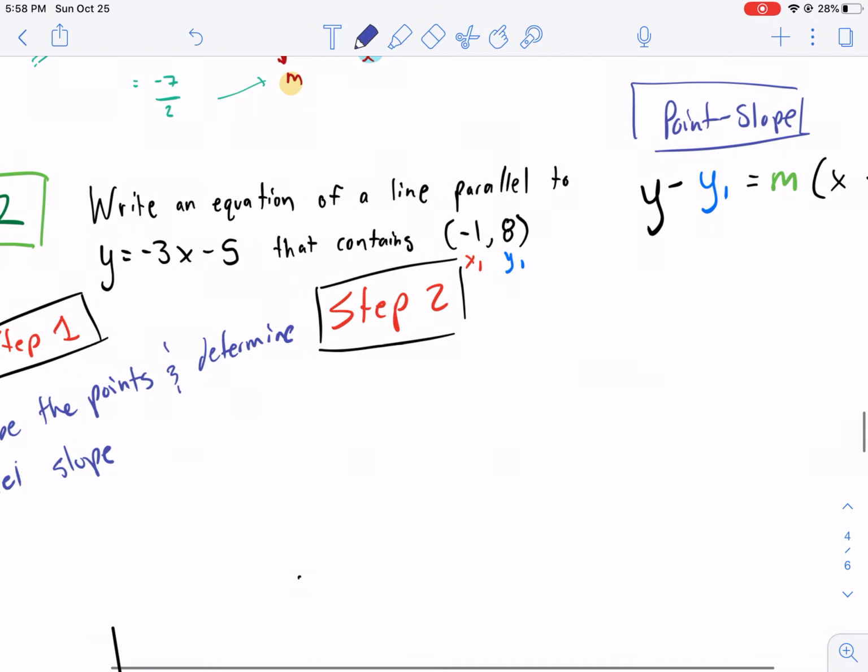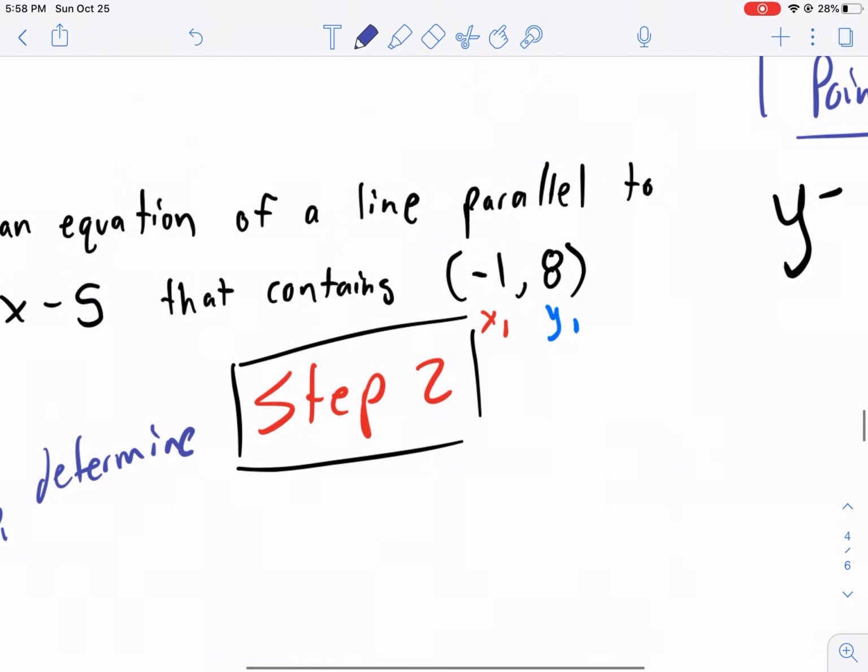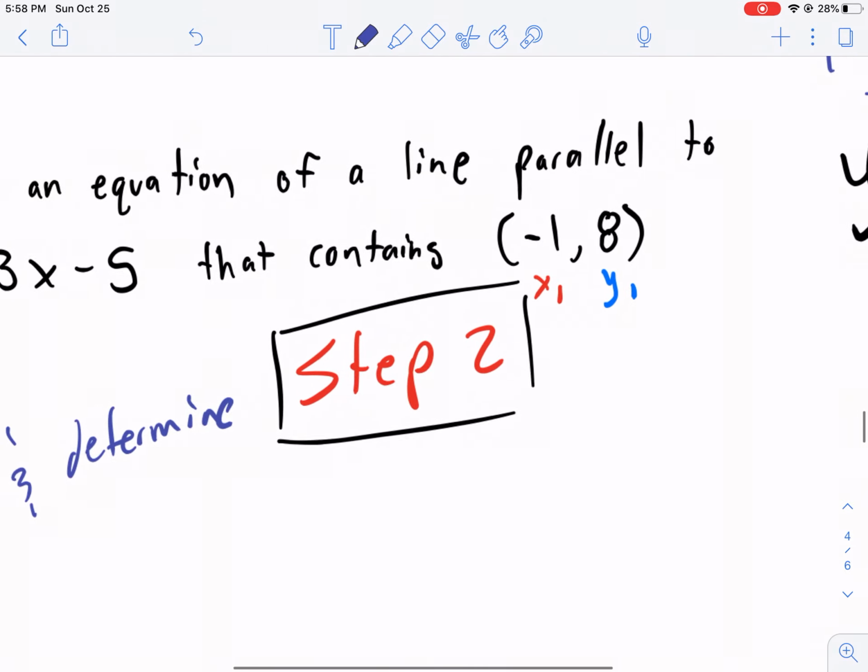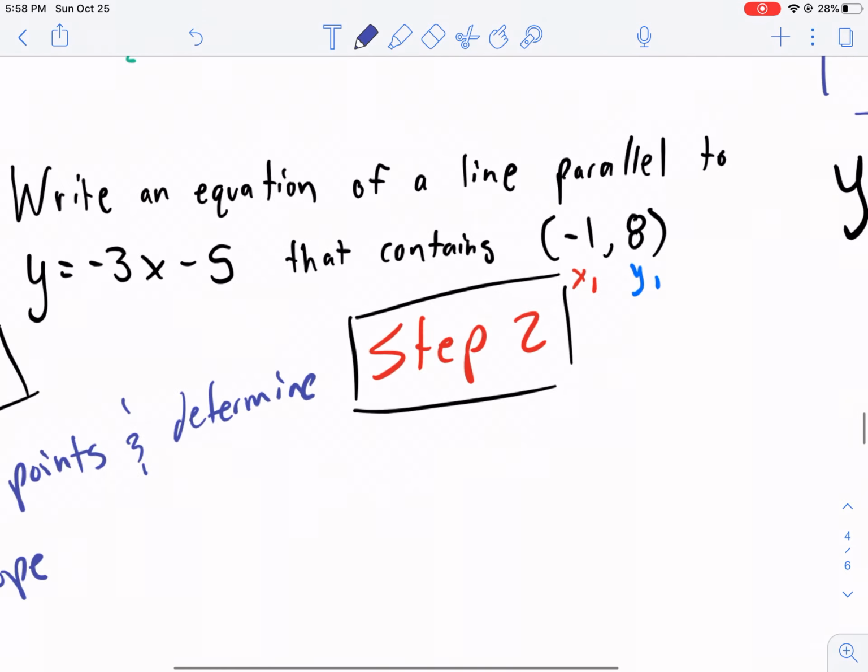First, label the point. The point it goes through is -1, 8, so that's x1 and y1. It's very important you call it x1 and y1 if you're going to use point slope form. Next, write an equation of a line parallel to this. So this is the line we're supposed to be parallel to. We have to determine the parallel slope. We see that it's currently -3 for this line, so we need to match that.